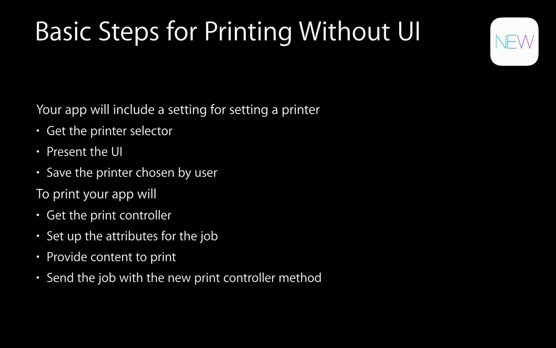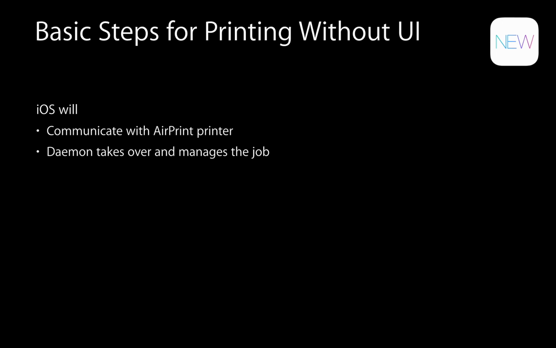Then whenever appropriate, when your app decides to print, the app will then get the print controller, the UIPrintInteractionController. It'll set up the attributes for the job and provide content just like we did before. But it'll send the job with this new print controller method that just sends without showing the UI. At this point, like before, iOS communicates with the printer, the daemon takes over. Your app doesn't have to deal with any of that.